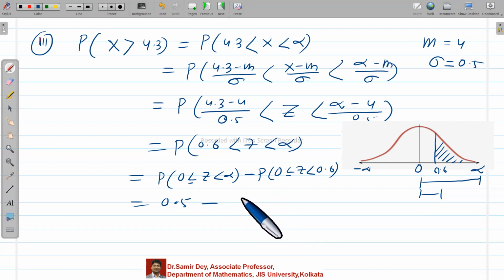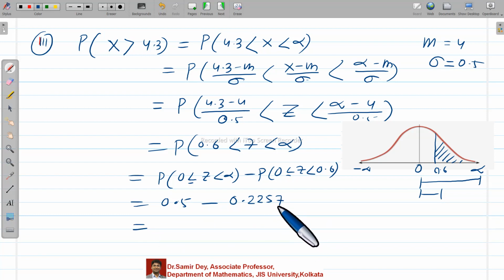Value is given 0 point how much? Please write in chat box how much value you have. Zero point 2257. Okay, thank you.